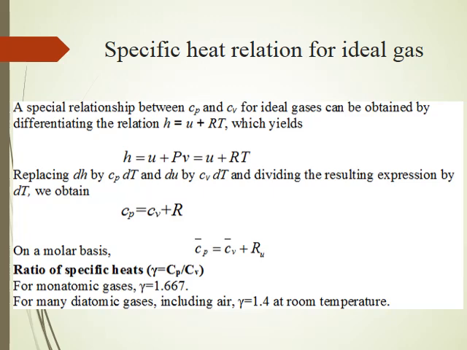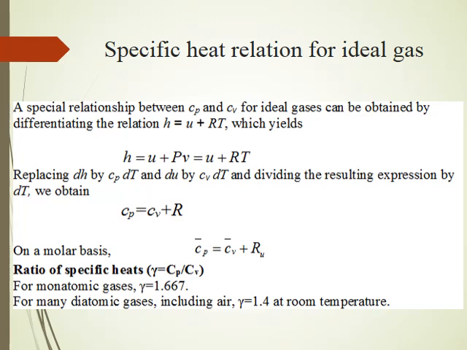On the molar basis, it can also be denoted by Cp is equal to Cv plus Ru, where Cp and Cv in this equation are the specific heats on a molar basis, and Ru is nothing but the universal gas constant, whereas in the upper equation, where it is written Cp is equal to Cv plus R, that is the gas constant.